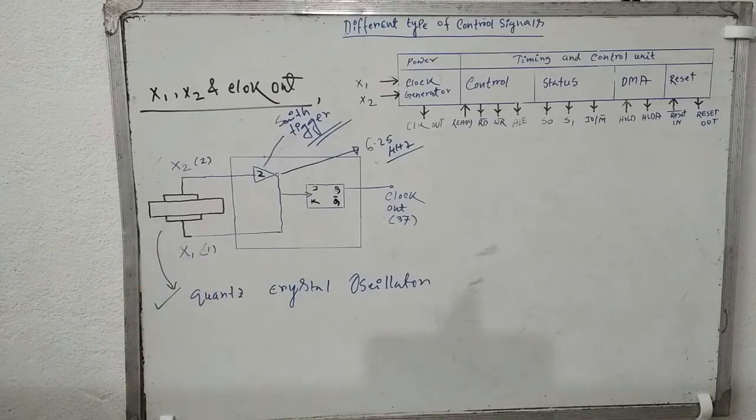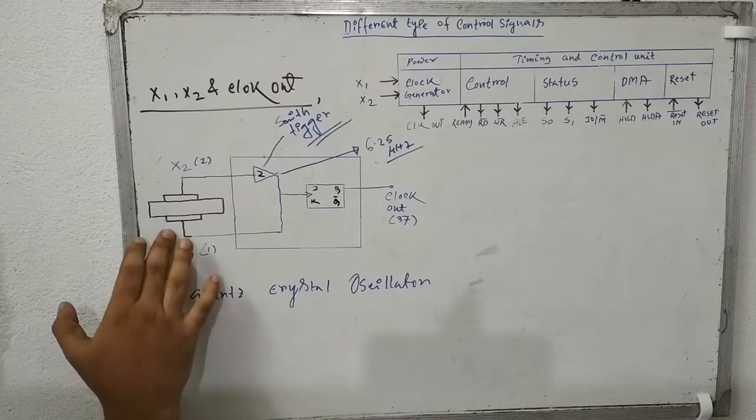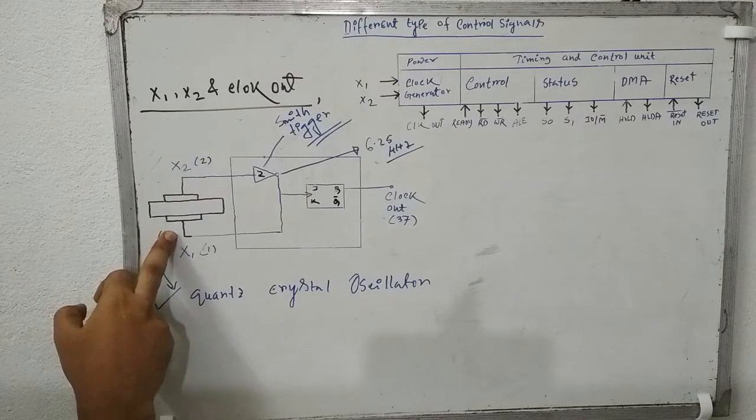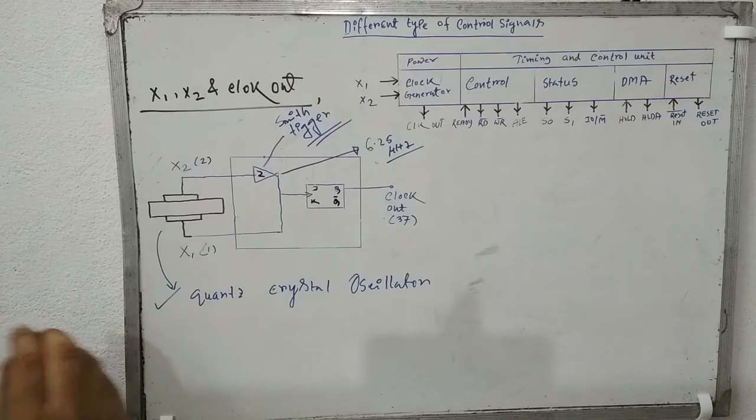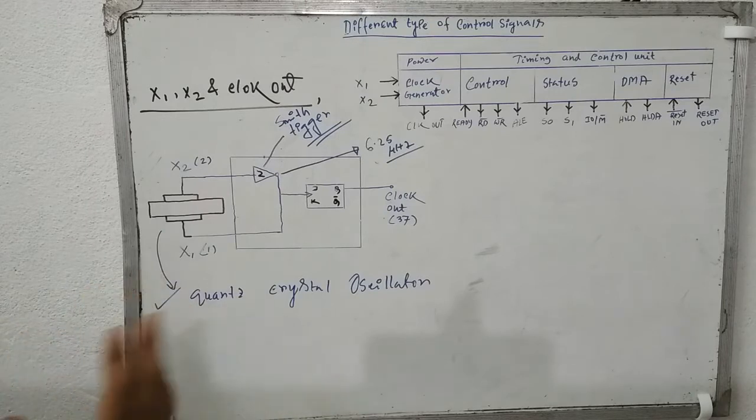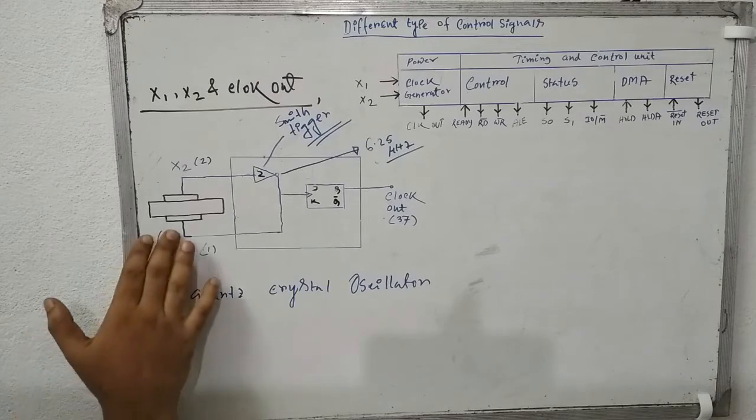Not only the 8085 microprocessor, but for all the microprocessors available in our market, we use this quartz crystal oscillator as a frequency generator. So what is the advantage, what is the specialty of that device?